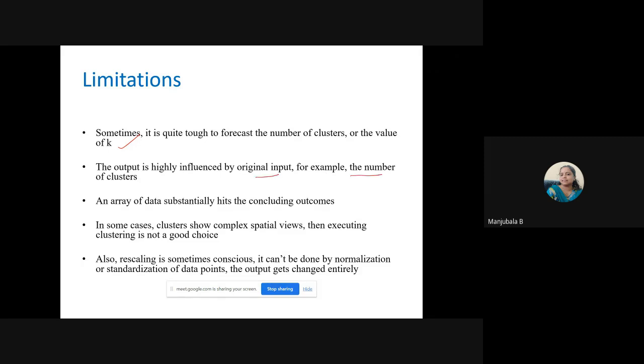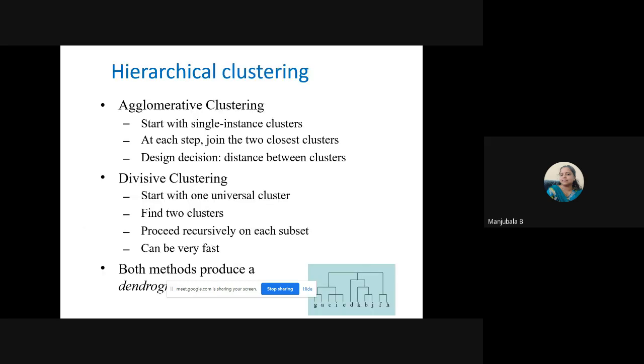If you initialize the value of k properly, then only will you get a good partitioning of the objects among the k clusters. Otherwise, it will be meaningless. So a user-specified value k is required in the partitioning method for k-means clustering.